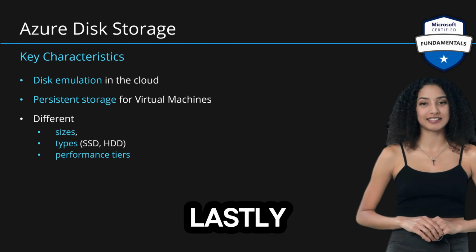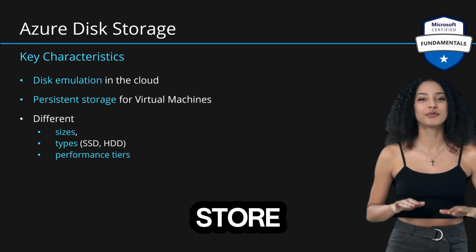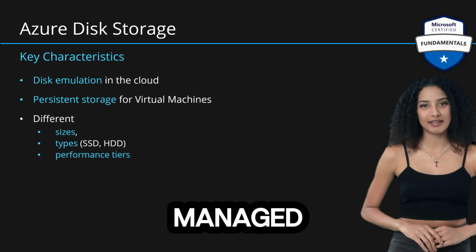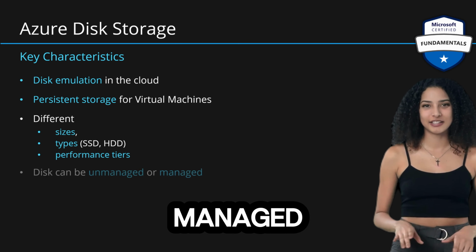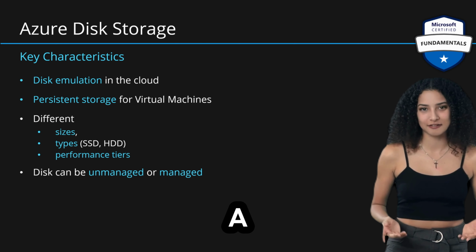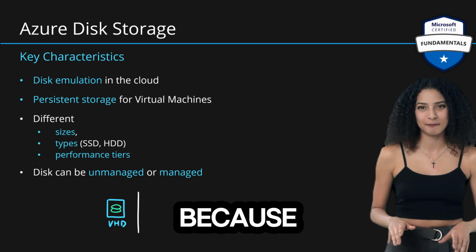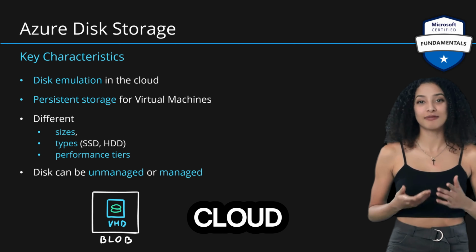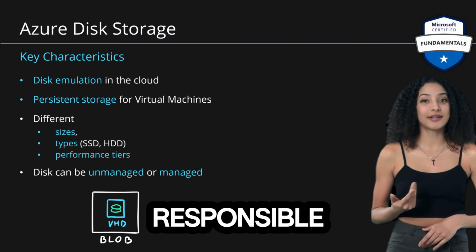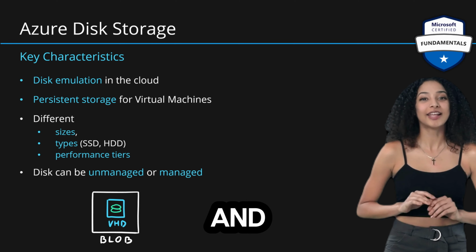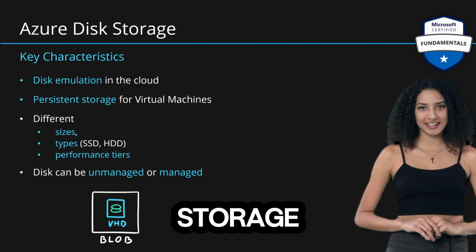And lastly, disk storage allows customers to store their disk in unmanaged or managed form. Unmanaged means each disk is stored as a file on a blob storage. It's called unmanaged because it is not managed by the cloud provider; customers are responsible for managing those blobs and those drives and the storage accounts.